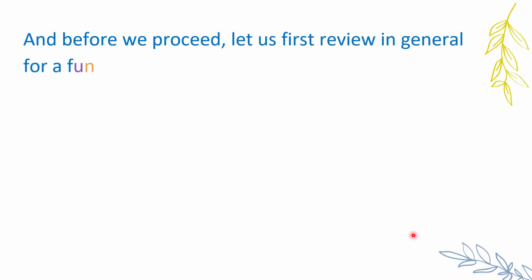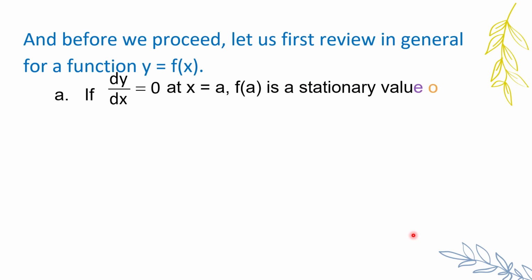Before we proceed, let us first review in general for a function y equals f(x). If dy/dx equals 0, we will find a stationary point, and it happens at x equals a. We substitute x equals a and we get f(a), which is later called a stationary value of y.